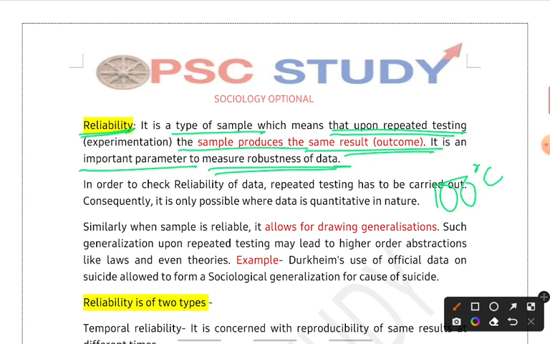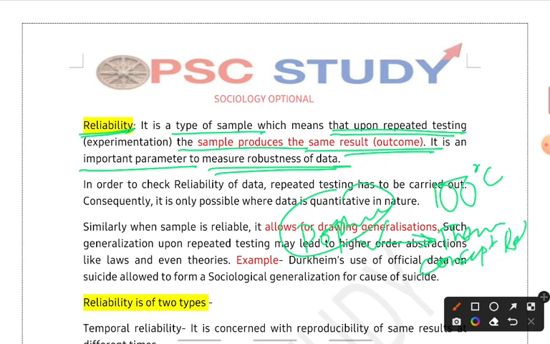Every time you try to, suppose, for example, you study the population of Bhubaneswar and their concept of religion.